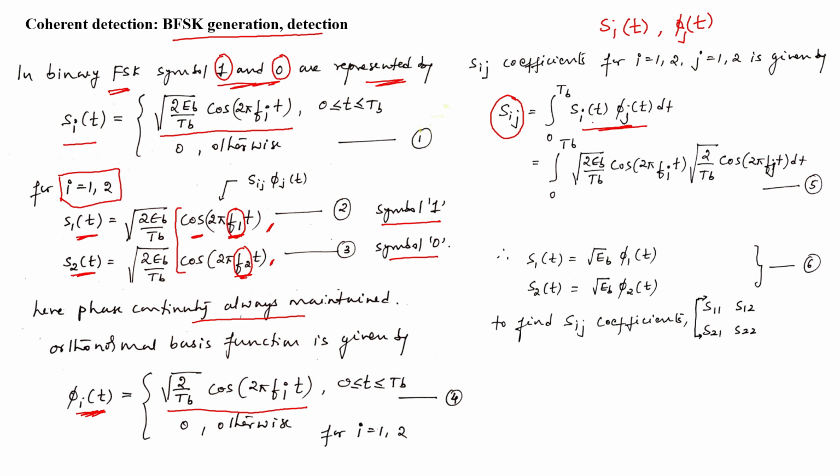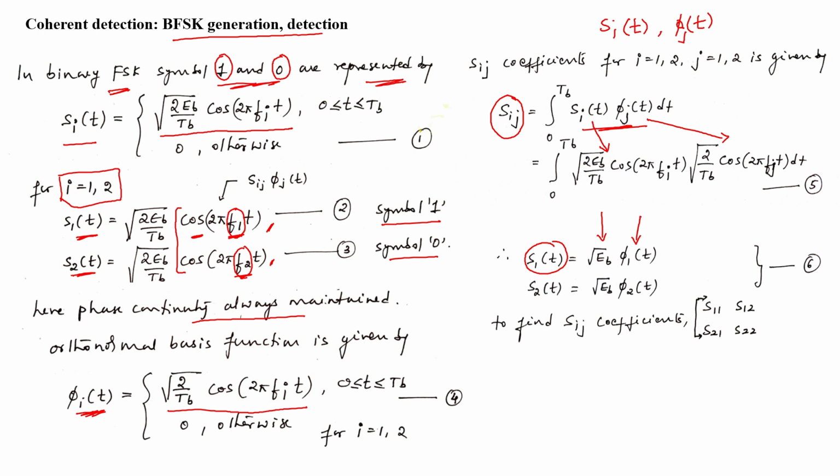So what is Si of t? You substitute here. What is phi j of t? You substitute here from equation 4. Now we are able to get the expression for S1 of t in terms of the orthonormal basis function and vector value like this.